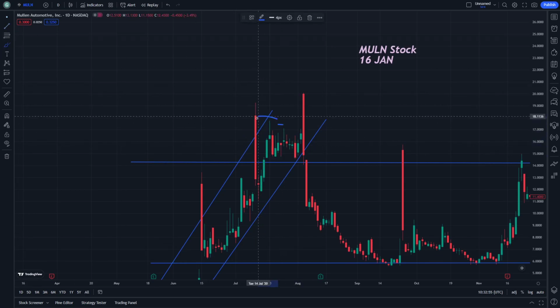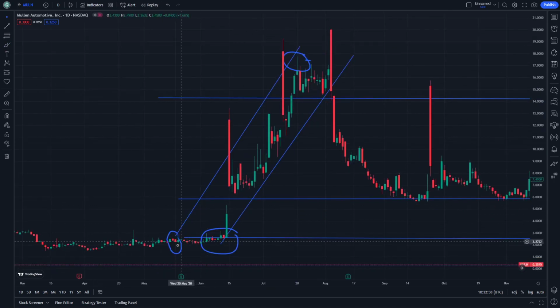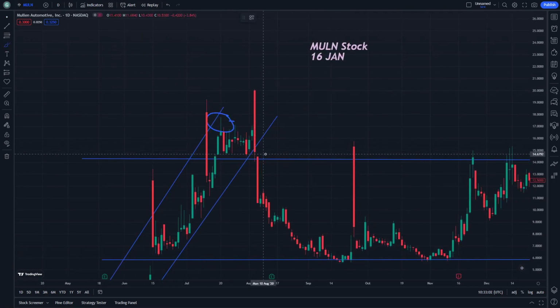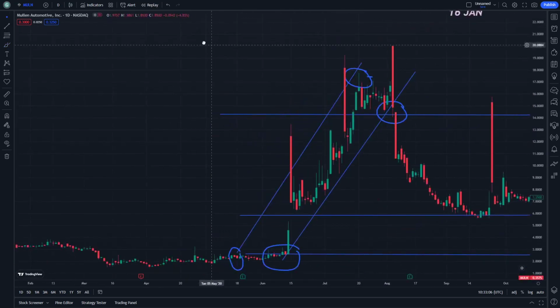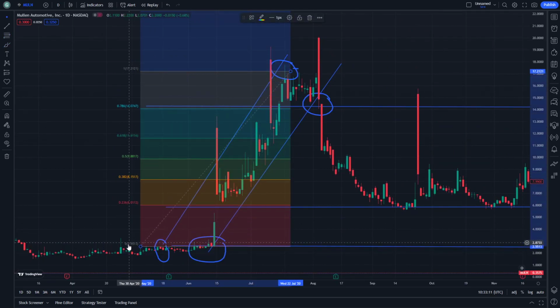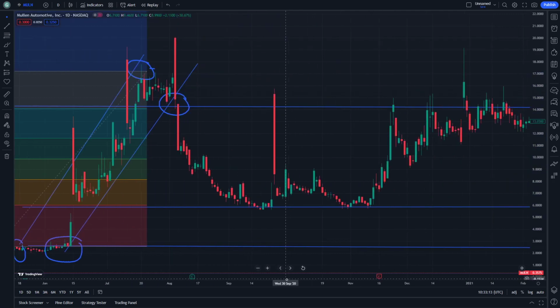So a resistance would be at this level and this is going to be a support. That is going to be another support, and that is also referring to the 0 and 1 Fibonacci level. So that is going to be the 0 to 1 Fibonacci level.